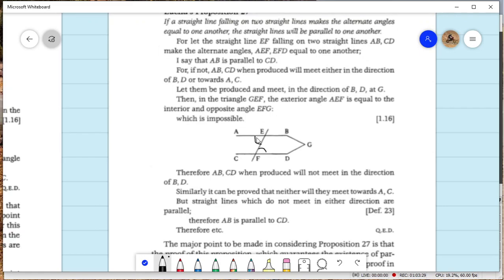an exterior angle would be equal to one of its remote interior angles, which would contradict the preceding proposition, because the preceding proposition states that an exterior angle of a triangle should be greater than any of the remote interior angles.